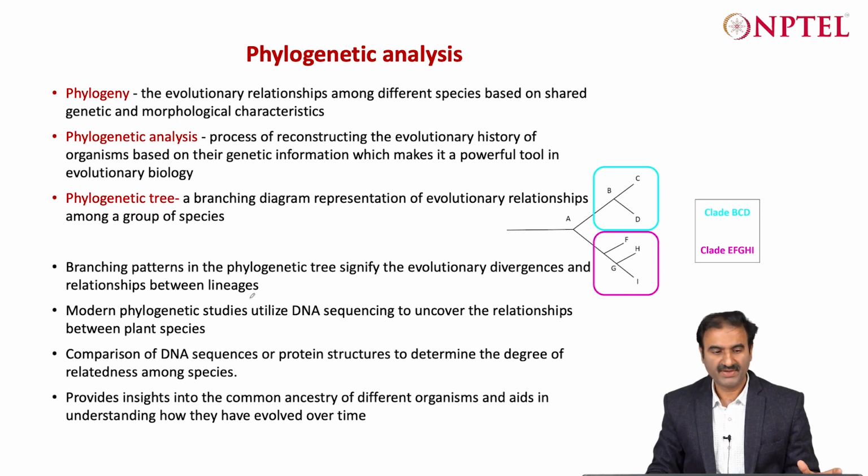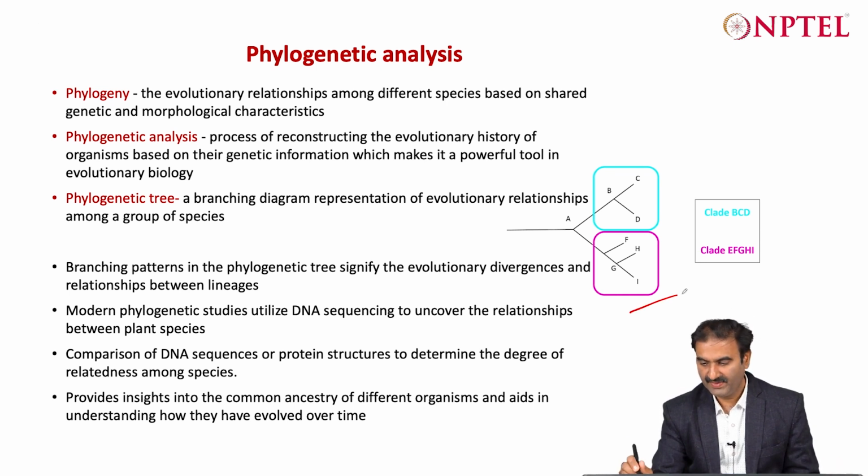So by phylogenetic analysis we can try to relate the species around us in the form of a phylogenetic tree, and you can see this is one tree. This is the root, and this is the branching point, and C, D, H, I, F are the leaves, the present-day organisms that you can observe, and these are the nodes.